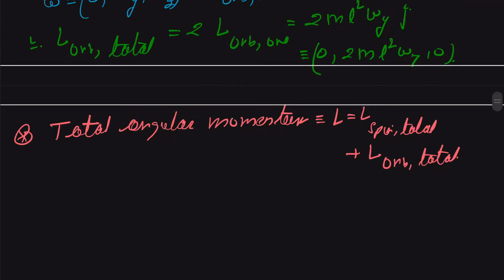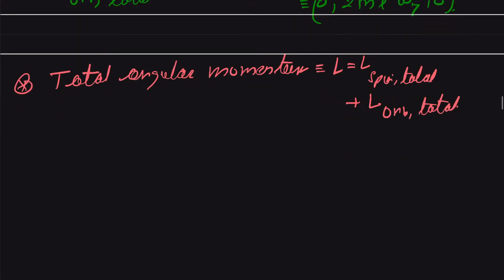And we know that our I of C is equal to 2 by 5 m b square.